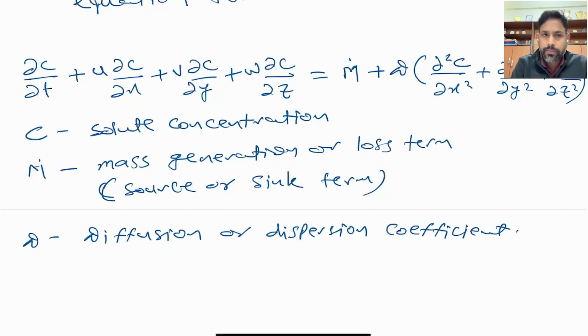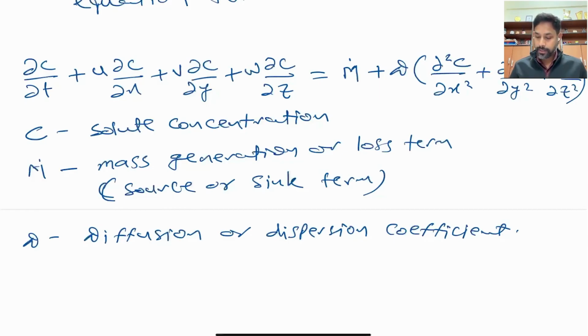So it was a highly simplified equation. Okay, but this is a complete solute transport equation where we have the unsteady term, we have the advective term, we have the mass generation or loss term, and also we have the diffusion term as well, right?